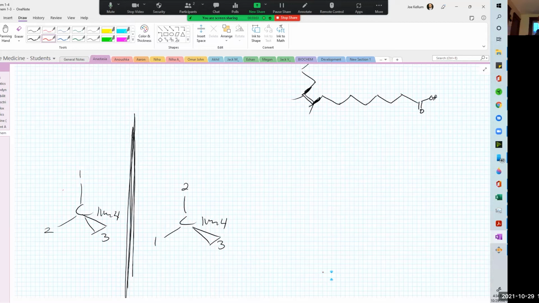Insofar as you're looking at molecular weight, higher molecular weight generally means higher melting point, higher boiling point. And so obviously that's the same. But then they also sit up in the same way in 3-dimensional space. It's just flipped over.